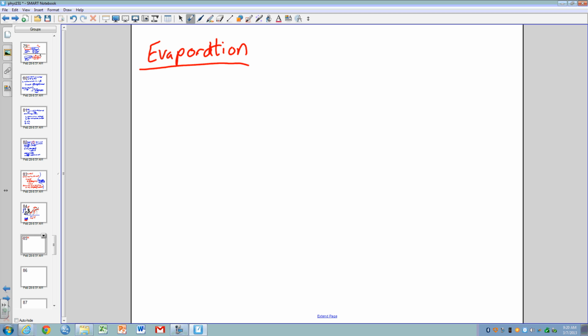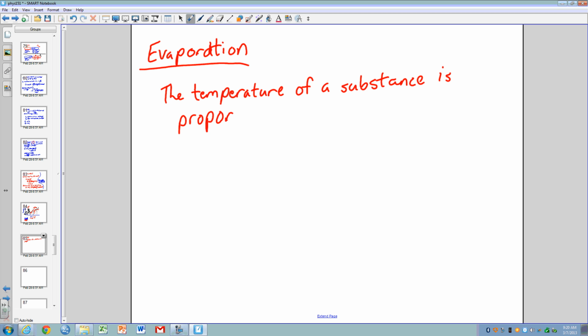The temperature of a substance, a gas or a liquid, is proportional to the kinetic energy of the particles.